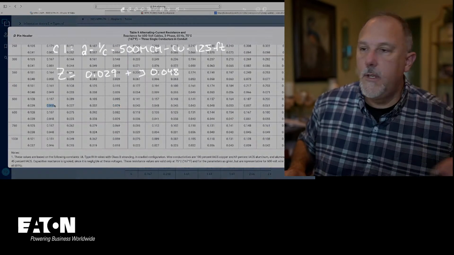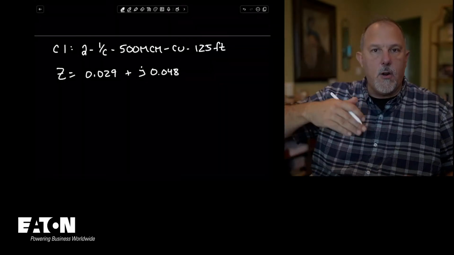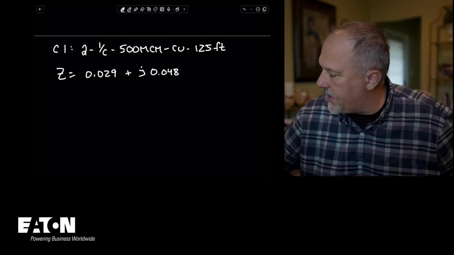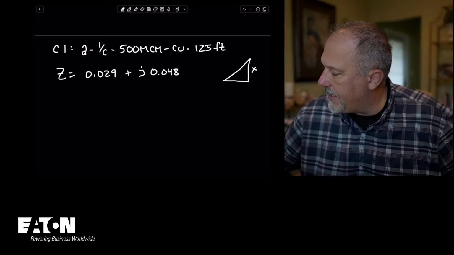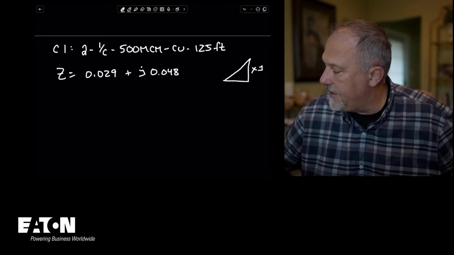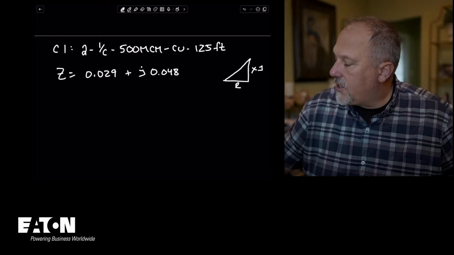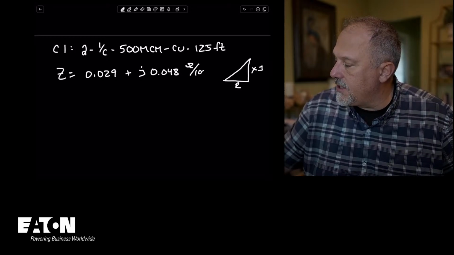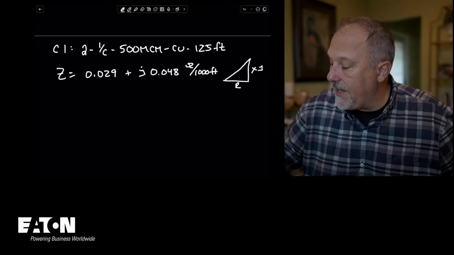Okay. So my impedance is an R, real, plus reactance, and it's basically the triangle. That is X, or that is j, and this is R. And these are ohms per 1,000 foot. So the first thing I've got to do, and I need 2 of them, right?